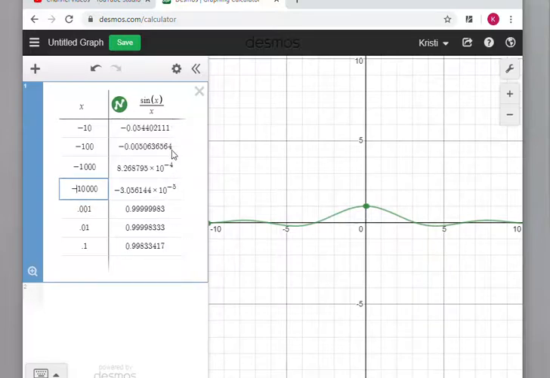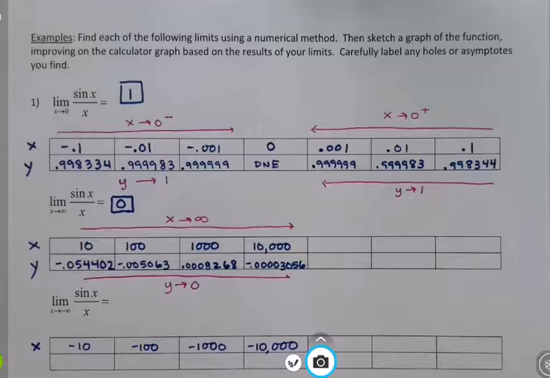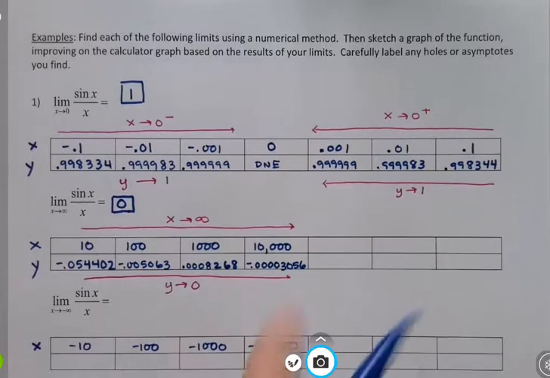And it looks to me like those values actually didn't change at all. They look identical to what they were before. So we'll go ahead and just transfer the values into our chart. They're exactly the same, so maybe I won't even bother keeping quite as many decimal places.